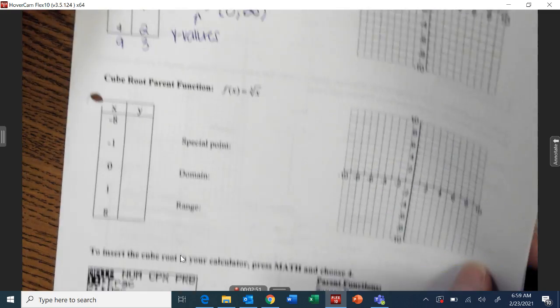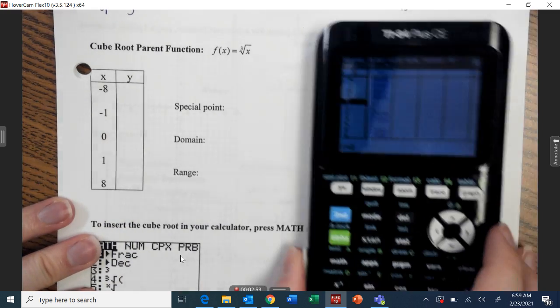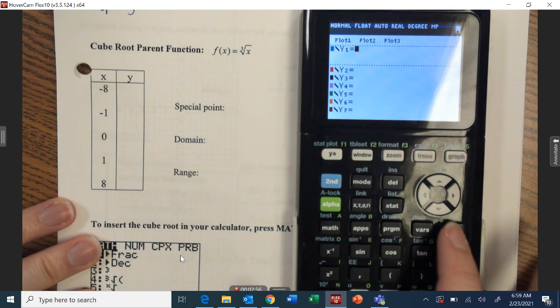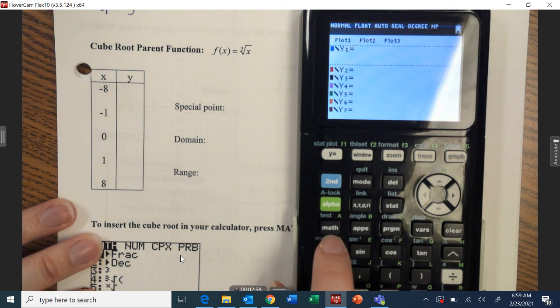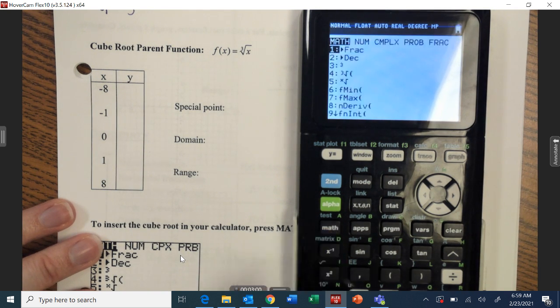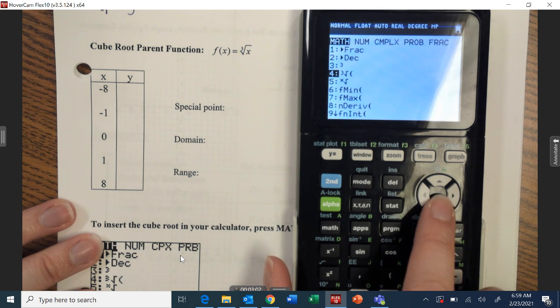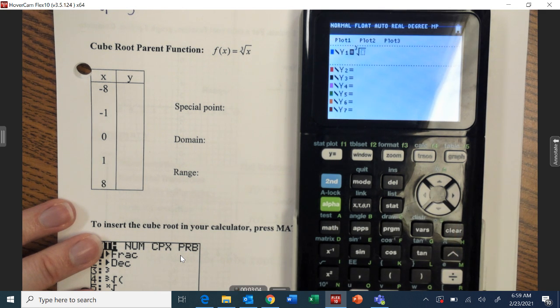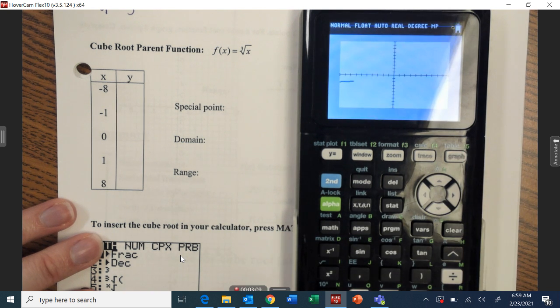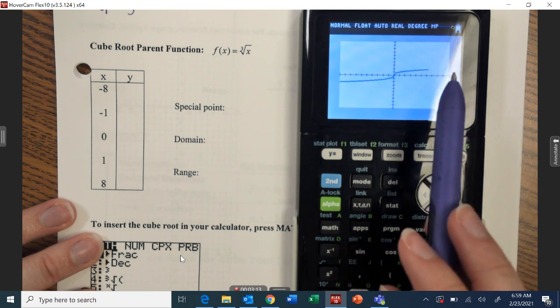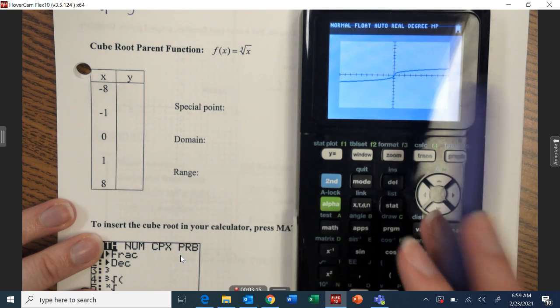Now for our cube root function, we go back into the y equals, we can get to the cube root by pressing the math button, coming down and choosing option 4, and then putting an x in the middle. And you see kind of this very stretched out S-shaped graph.